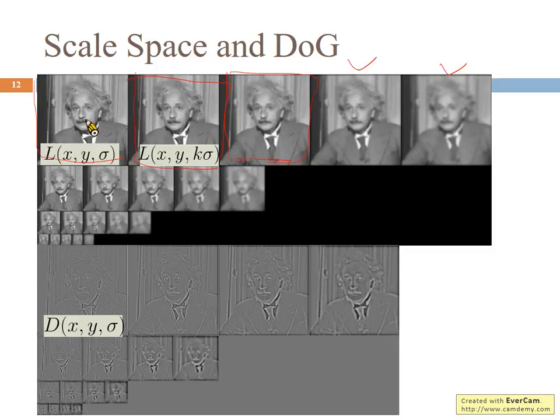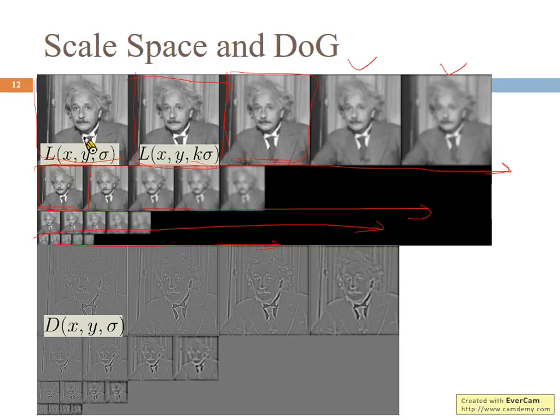So when we apply different Gaussian kernels, we can get blurred images in different degrees. We can do this for the original image. We can also resize the original image like this, and then apply different degrees of blur. Also resize again. So we can get different degrees of blurred images at different scales.